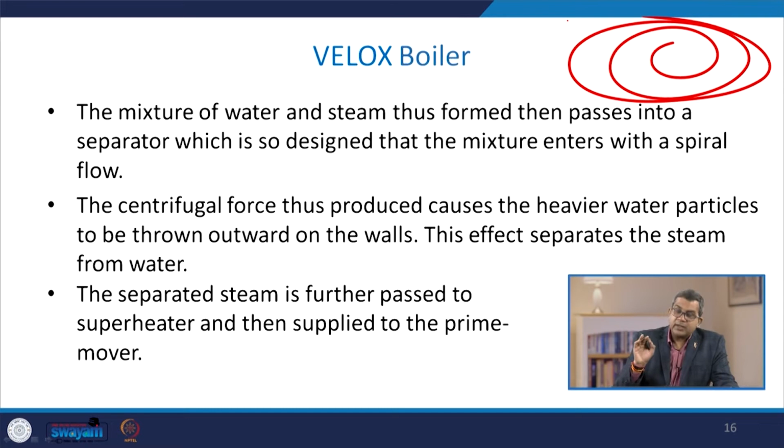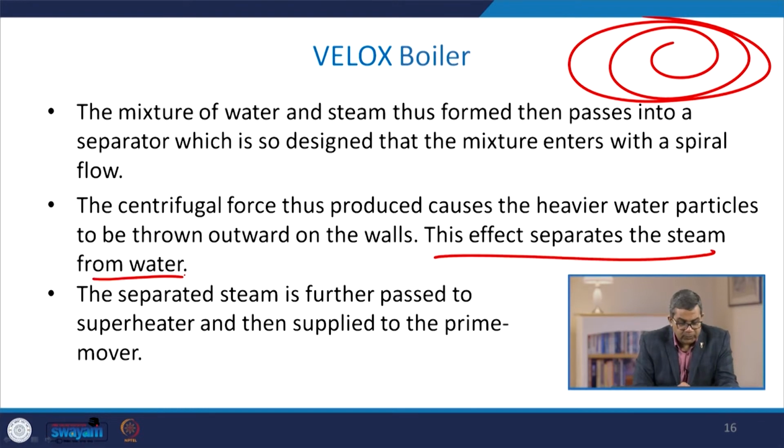This effect separates the steam from water. See, this is again a very crucial phenomenon, because when we were discussing the different types of boilers, there was a steam chest and a water level, and all these things are optimized. So separation of steam from water is quite essential, otherwise the entire system will collapse. This is a very crucial phenomenon.